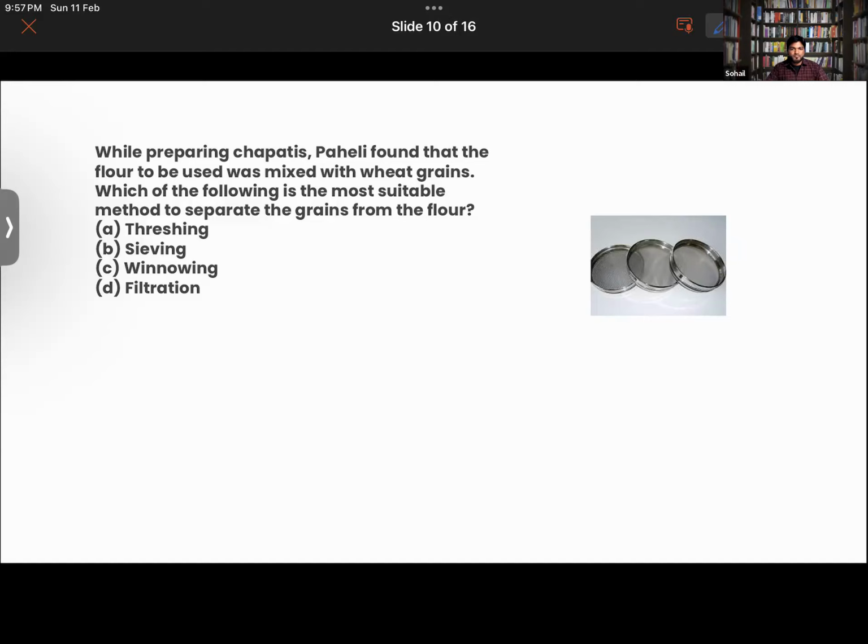Yeah, it is simply grain. Sir, sieving. Sieving. Very good. In the image also, you can see these are the sieves. The sieving has to be done.